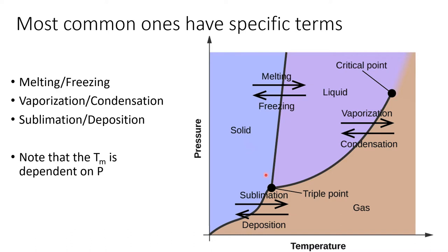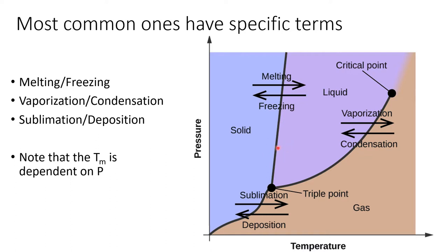So these lines in between, for instance, here I've got this curvy line in between solid and gas, and then I've got this curve in between gas and liquid, and I've got what looks like a relatively straight line, but it's probably still some curvature to it, between solid and liquid.